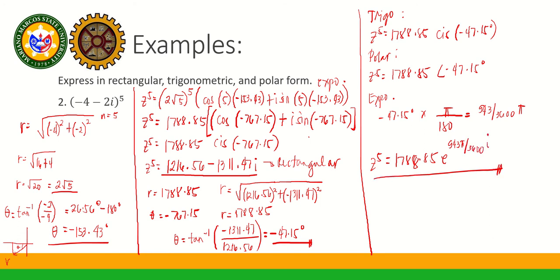So, these are our conversions sa complex number which is raised to 5. Okay, so that is how you solve for a complex number raised to the nth power.